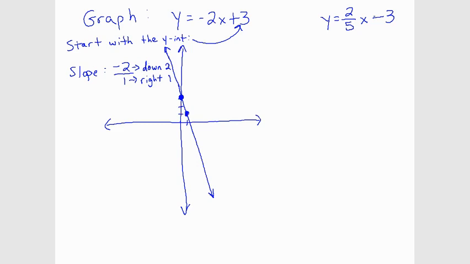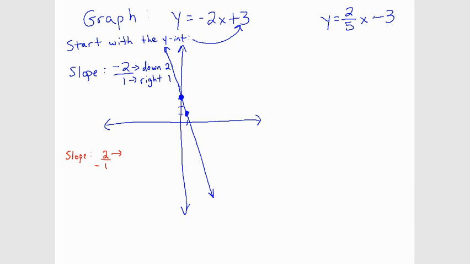Now, to be clear and concise and to be complete in how I teach this, I want to explain to you a slope of negative 2 could also be, we could move the negative to the denominator. When you have a negative fraction, the negative is interchangeable whether it's in the numerator or the denominator.